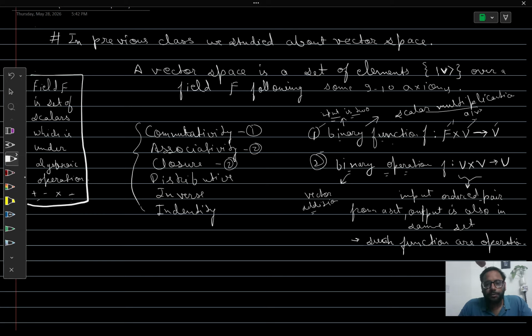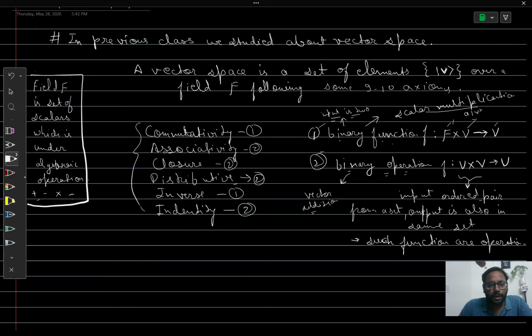The closure property also contains both. The distributive property is also for both. Inverse is for one and identity is for both. In total, we can fix the number of axioms to be 10: 4 into 2 is 8, plus 2 is 10.